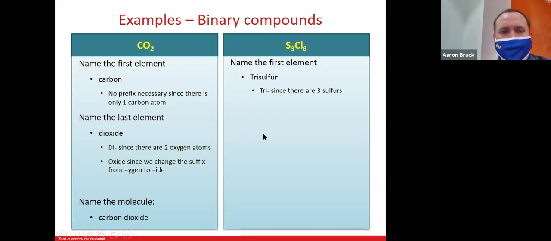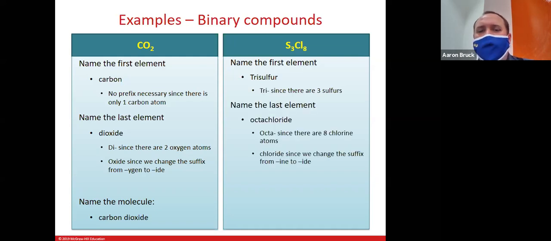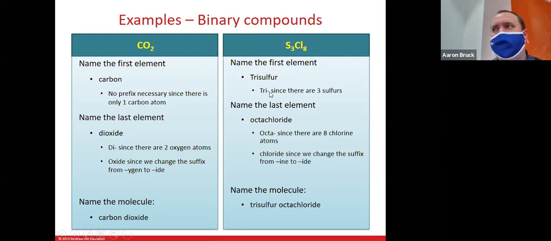The second element is chlorine. There are 8 of them. Prefix for 8 is octa. Change the ending to IDE, and we would have octachloride. Octa for 8, chlor for the chlorine, IDE because it's the second element, octachloride. I put the 2 together. The name of this compound is trisulfur octachloride.